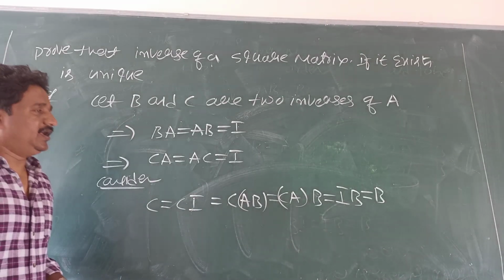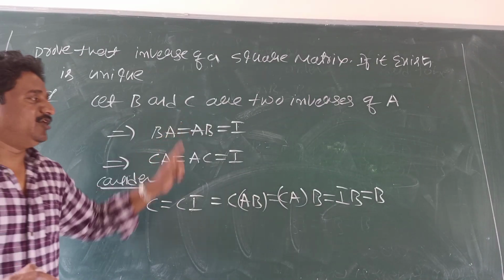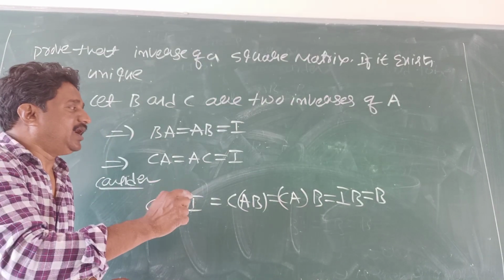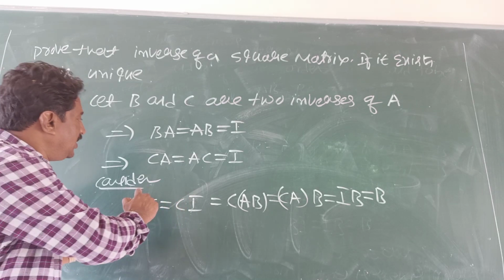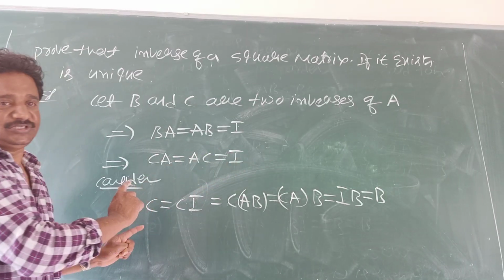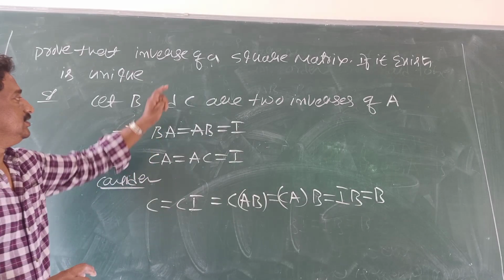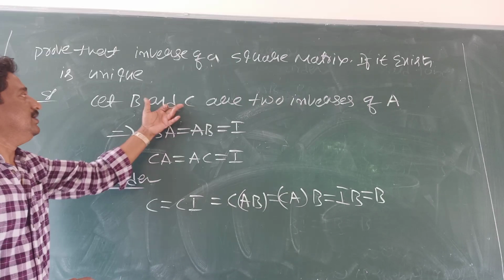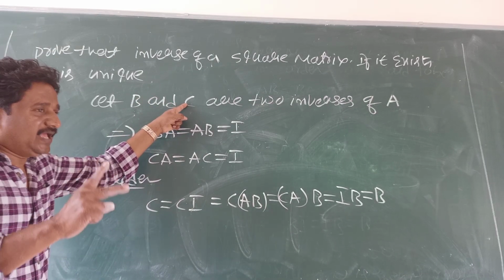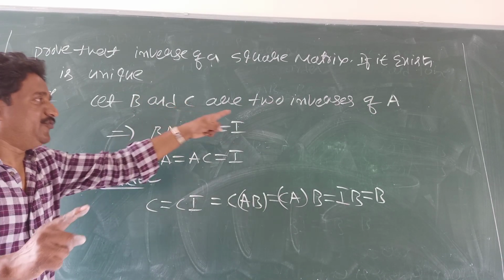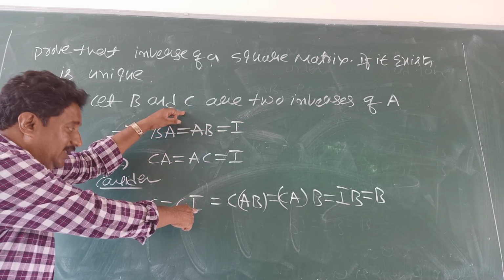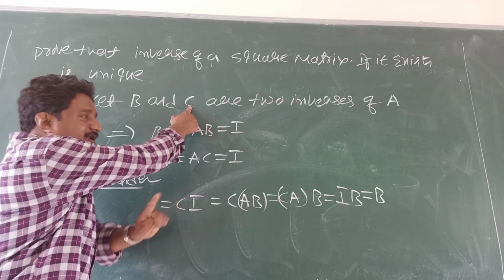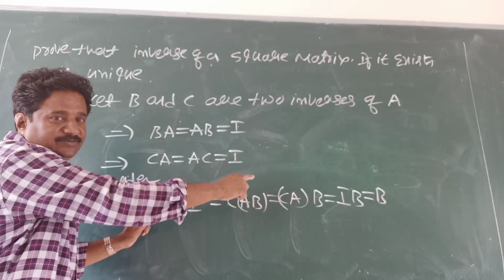Before solving this, what I had in mind was proving that C equals B. Here I have taken B and C as two inverses of A, but at last I proved that B and C are not different matrices.